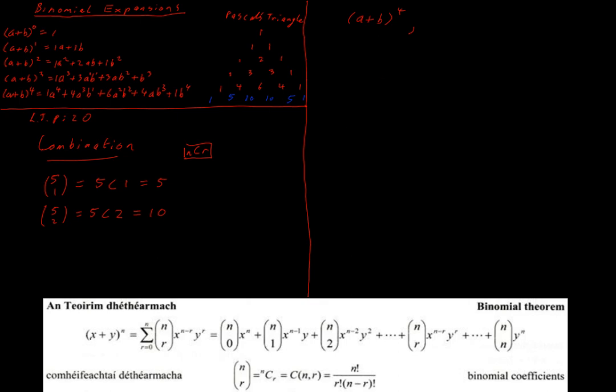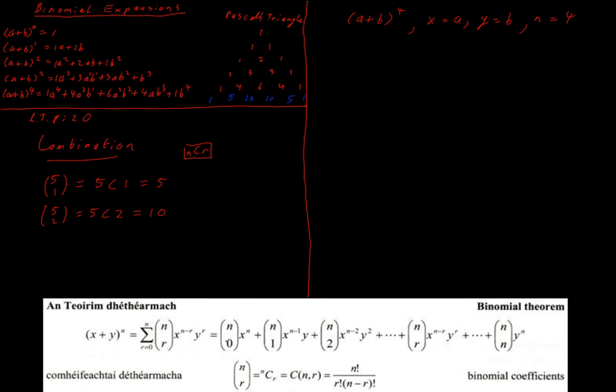So in my formula, I have (x plus y) to the power of n. I want to state what my bits are from my formula. So x is going to be equal to a, y is going to be equal to b, and n is going to be equal to 4. And now I'm going to follow this here.